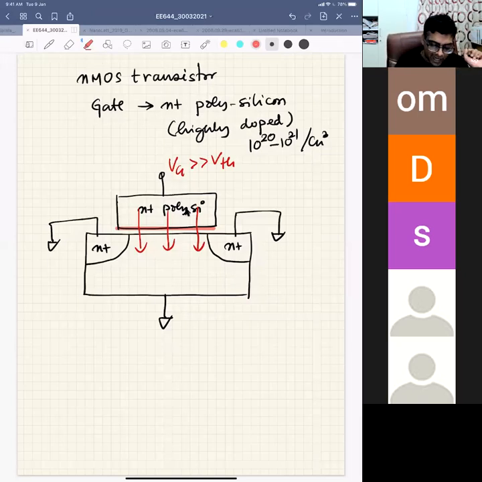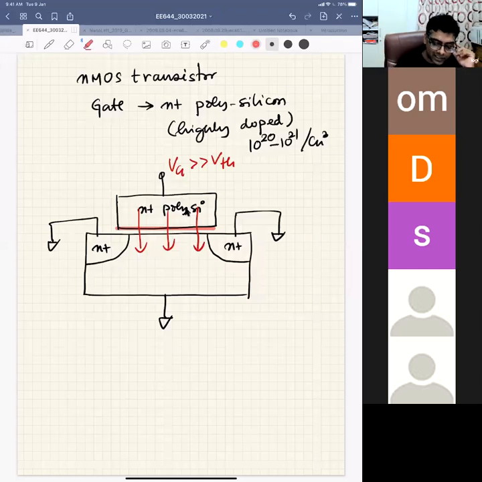Even if this is highly doped, because this is N plus polysilicon, we have a lot of electrons there. The electric field at the polysilicon and silicon dioxide junction will also be very high. Because of this high electric field, the electrons will deplete from the surface of polysilicon when you go to very high gate voltage, because your gate field is increasing.